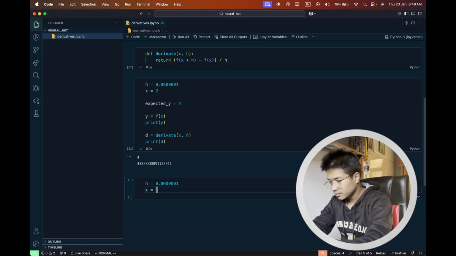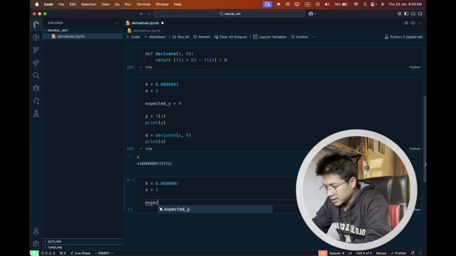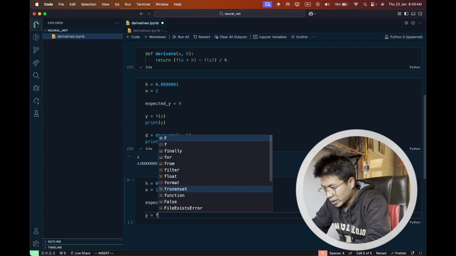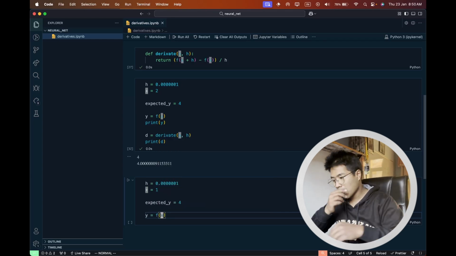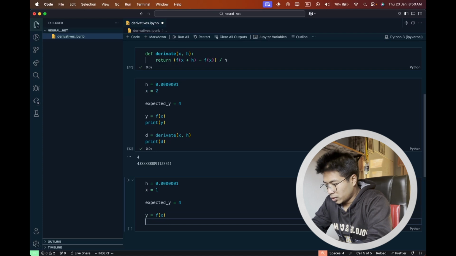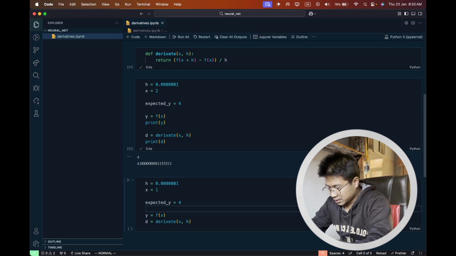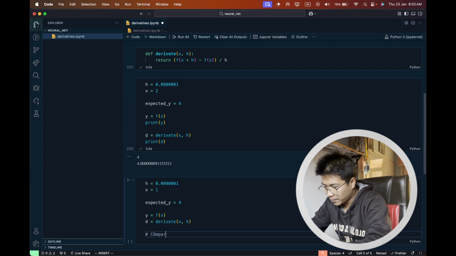Now we of course need the expected y value every time we want to compute your y value. Every time you would want to compute your derivative, that is also cool. This step remains the same. Now over here we need to do some kind of a comparison.